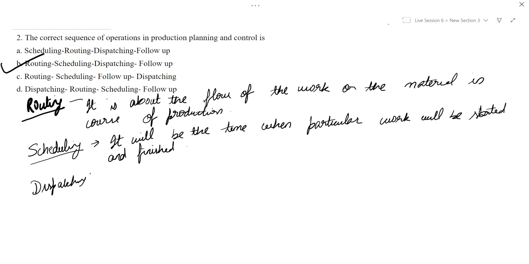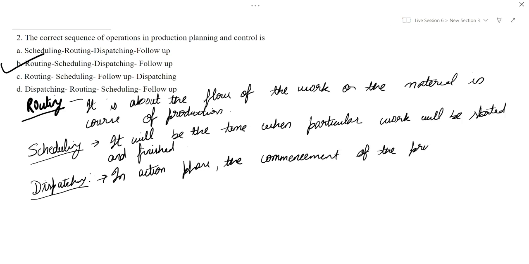So in production planning and control, we had two things, production planning and control. So there is also an execution or action phase. Here in the action phase, the commencement of the production takes place.